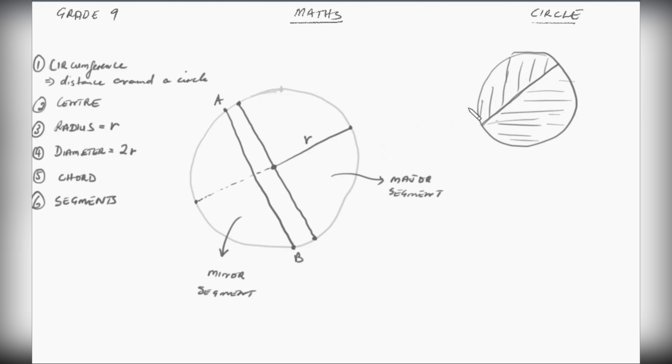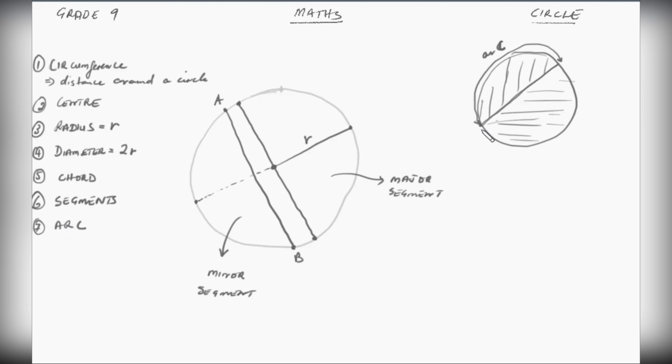Okay? So from here to here, let me show you this. From this point around to this point here, that is called the arc. So that means we also have an arc on the circle, the arc of a circle.